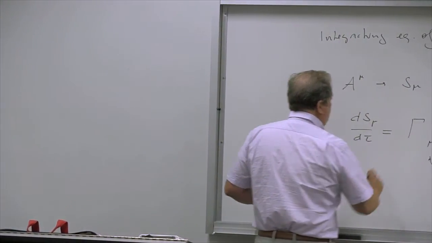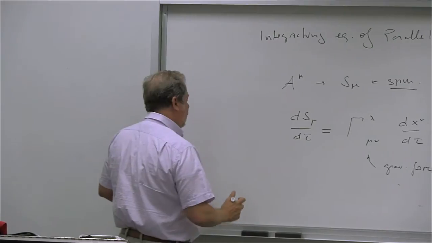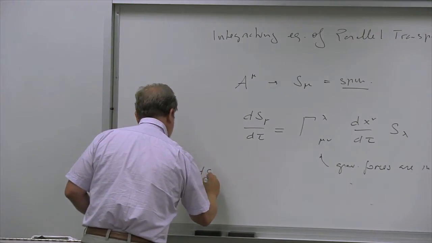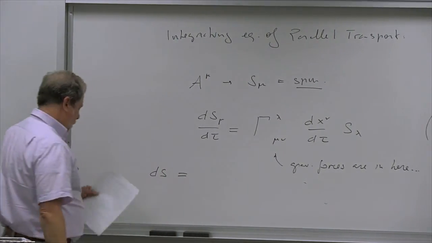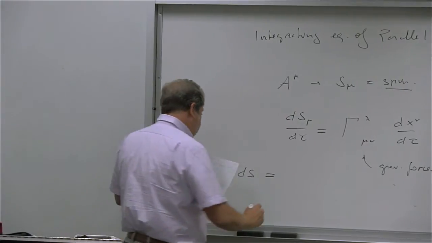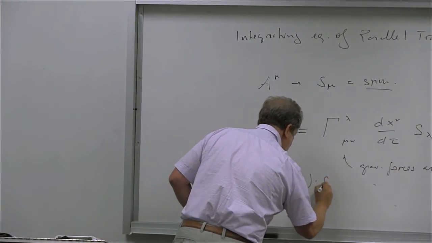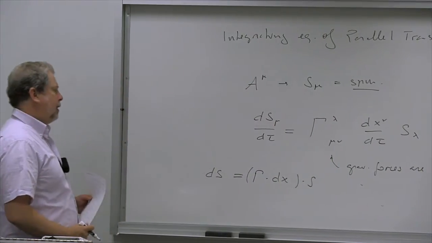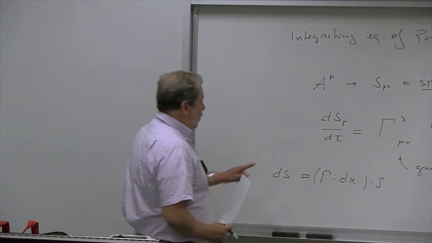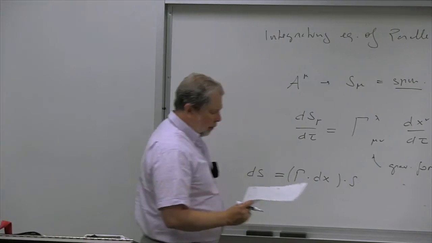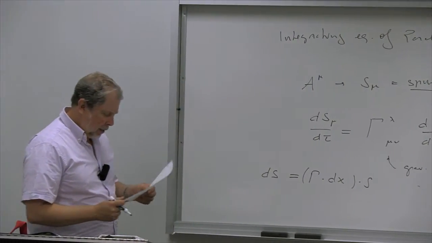So we can multiply both sides by d tau, and write this as dS is equal to gamma times dx times S itself, with suitable indices. You see the d tau appears on both sides, so if you want, you can get rid of it.